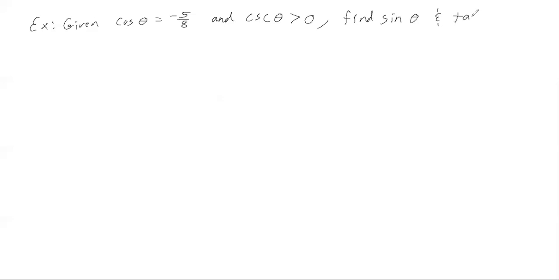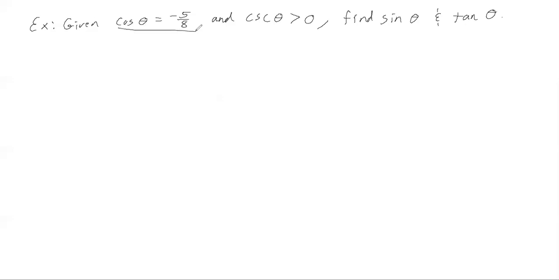Our next example. Given cosine of theta is equal to negative 5/8, and cosecant of theta is greater than 0, then it says find sine of theta and tangent of theta.